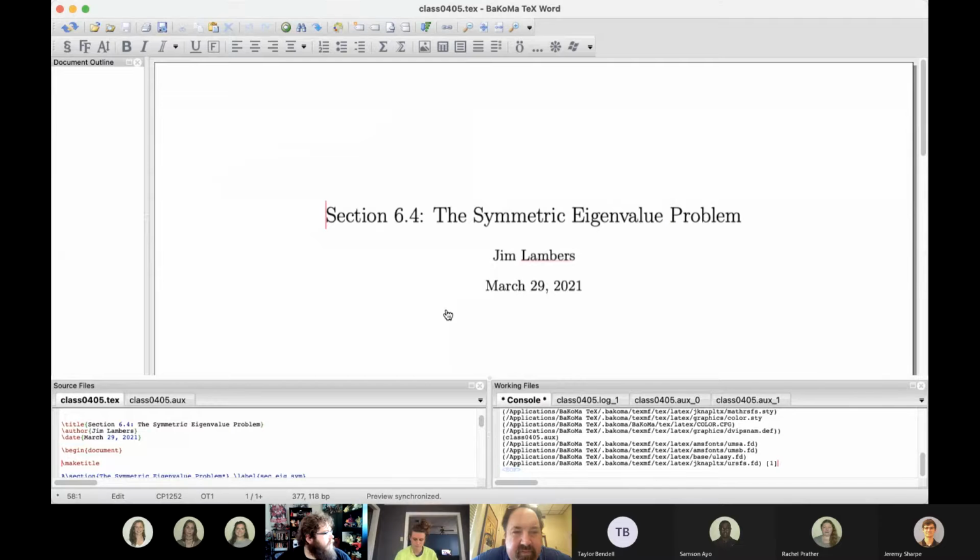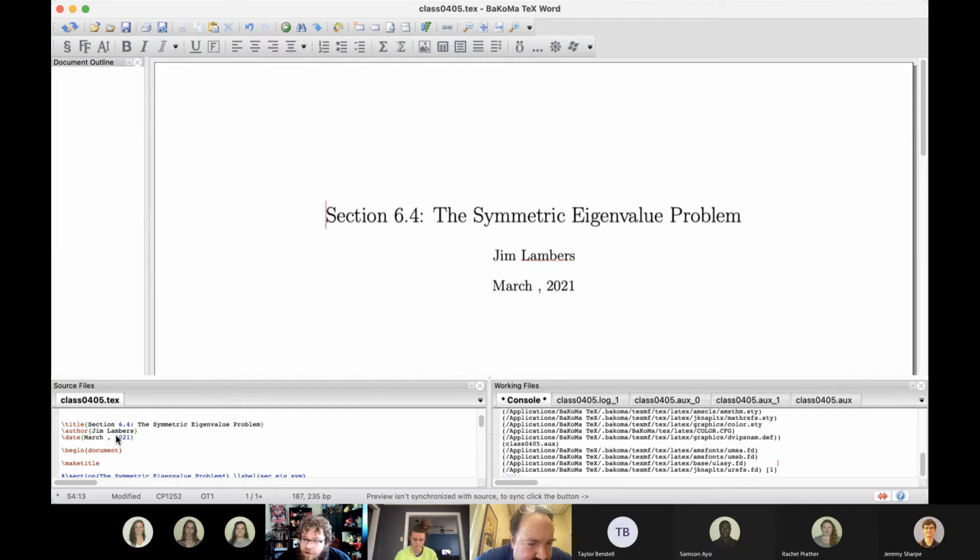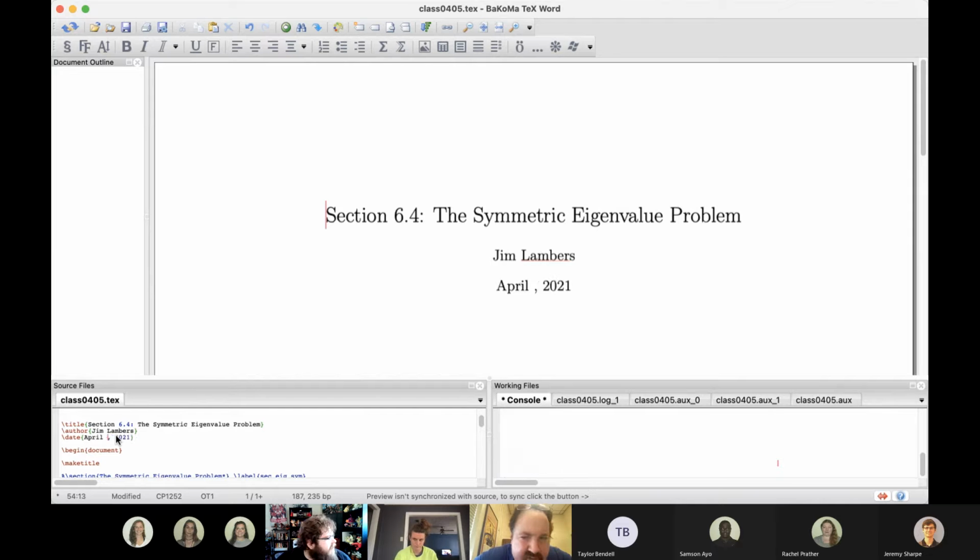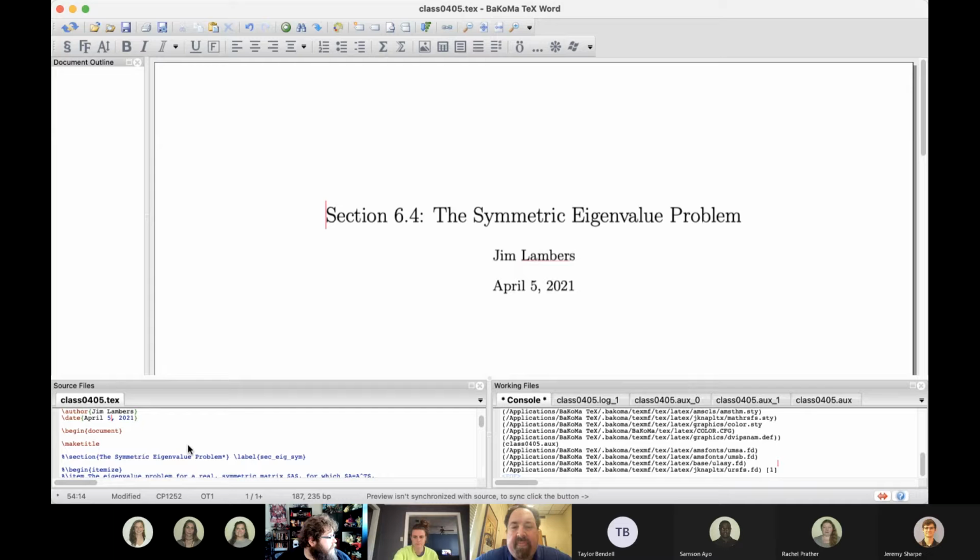Okay, now to the notes. Last time I finally got to the end of describing a QR algorithm for computing the eigenvalues, or really the Schur decomposition, which includes the eigenvalues, of a general square matrix.